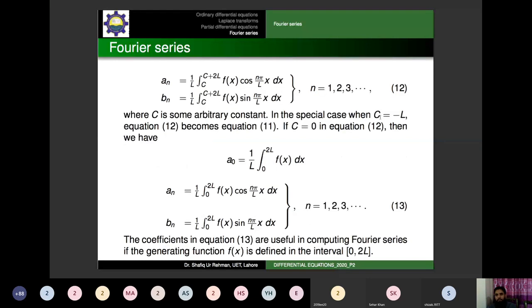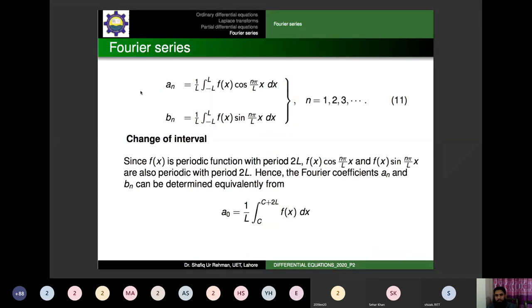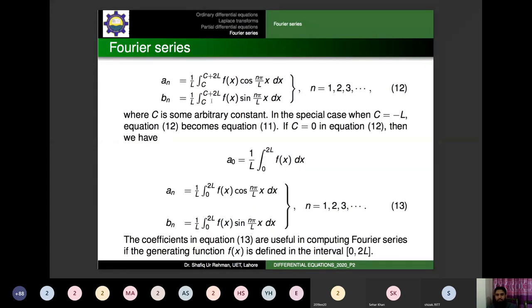Now, if you take c is equal to minus L, then this equation number 12 is pretty much the same as equation number 11, identical to each other. On top of that, if you take c is equal to 0, then a naught would be 1 upon L integral from 0 to 2L, an from 0 to 2L, and bn from 0 to 2L.